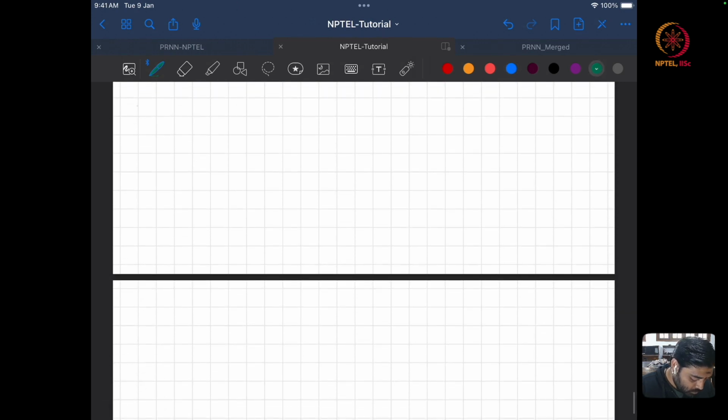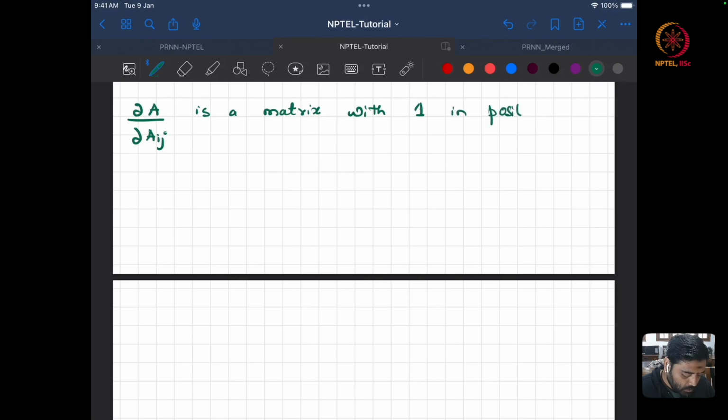Okay. Whenever I take this gradient, now this partial derivative in this case is a matrix with 1 in position i comma j and zeros elsewhere.